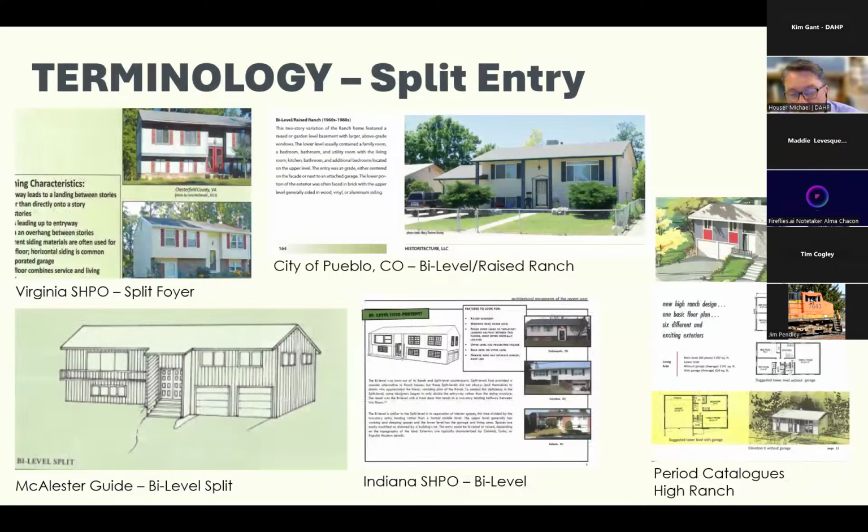And here's another split entry scenario. Nobody can seem to agree in the preservation world. So when I started looking at split entries, I was just looking across the country to see what other people were calling these kinds of things. In Virginia, they're calling them foyers. In McAlester's guide, that everybody uses, she calls them bi-level splits.